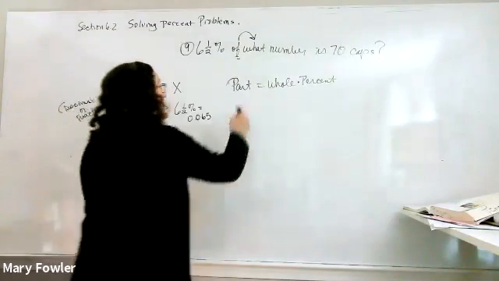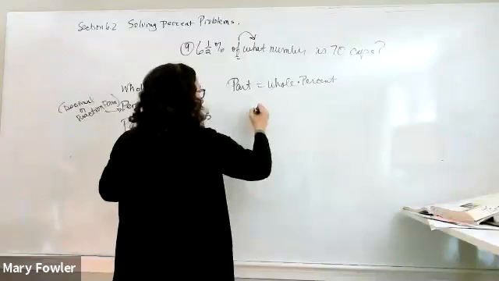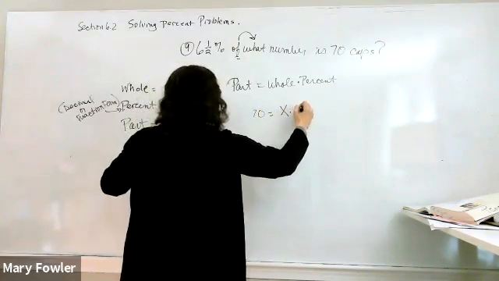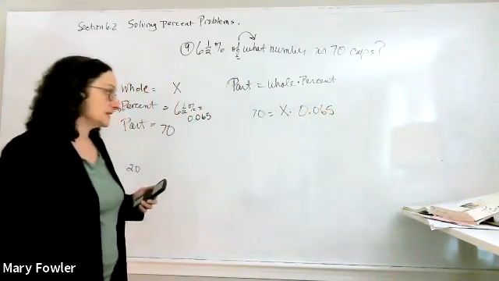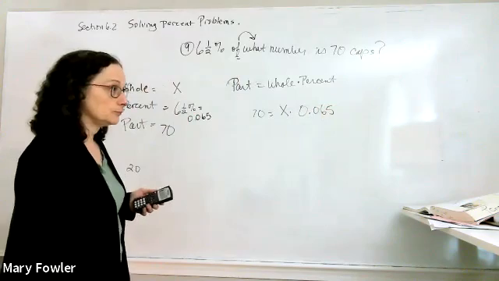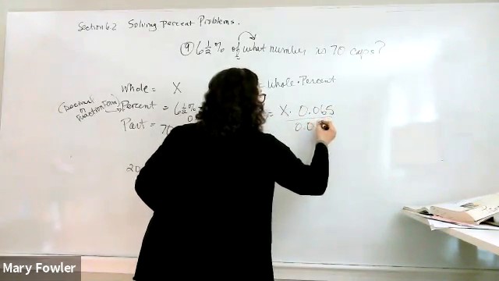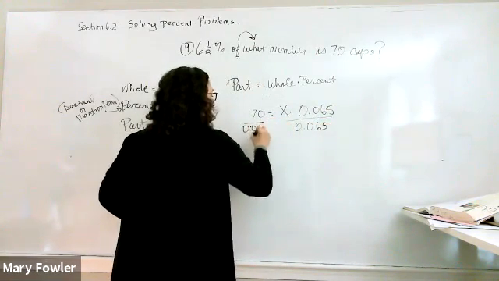So what is that value? 6.5% of what number is 70 caps? So part is 70, whole is unknown, and the percent in decimal form is 0.065. All right, we're going to divide both sides by 0.065 to isolate x.